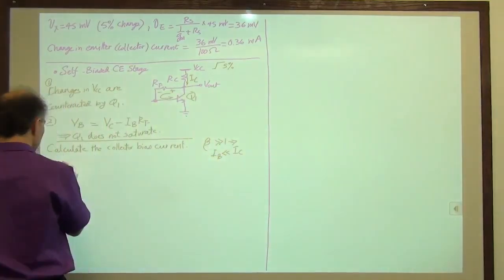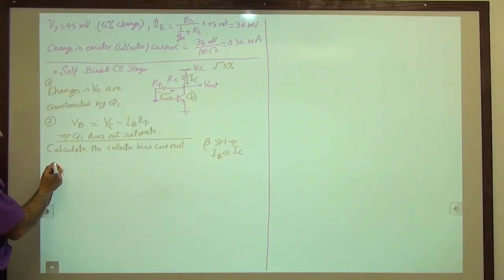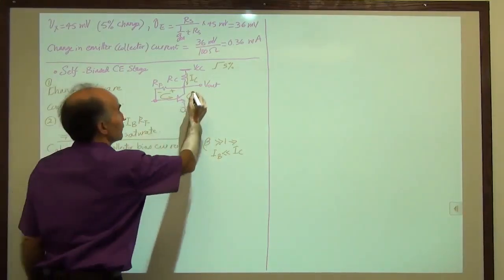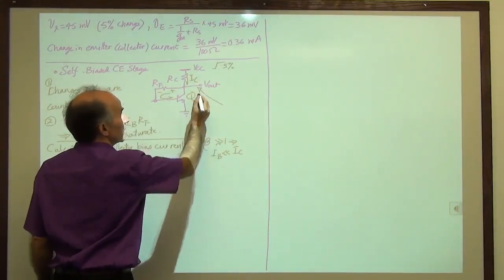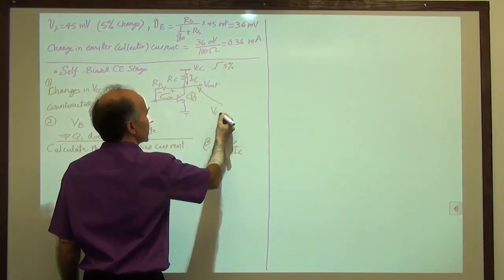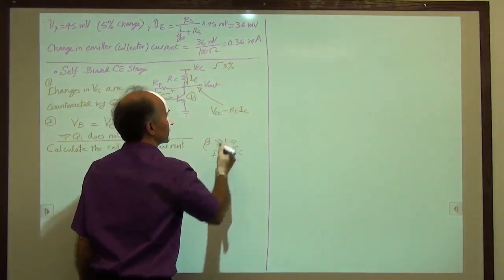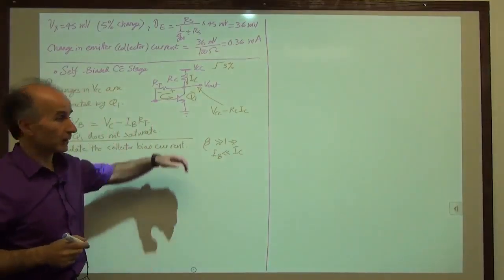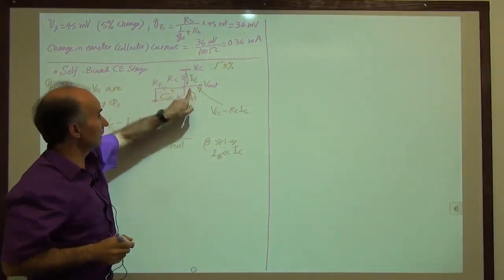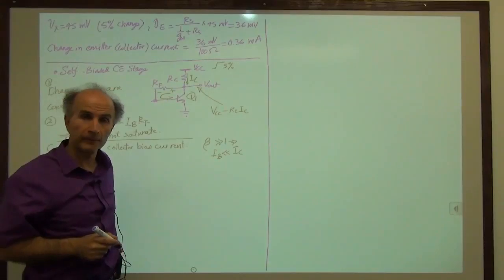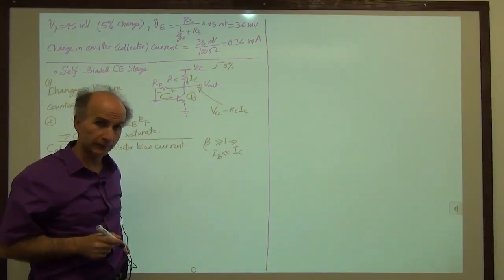And that tells us that this voltage here is equal to VCC minus RC·IC. All right, the supply voltage minus RC·IC gives us this voltage with respect to ground.